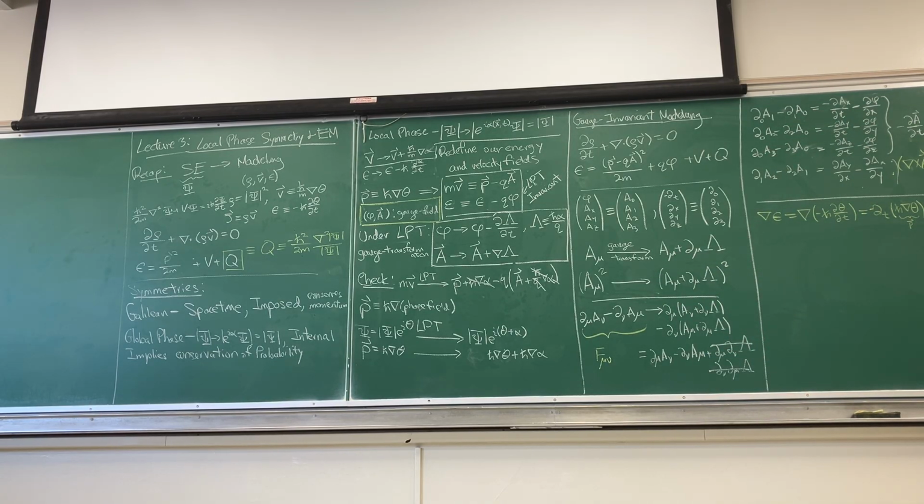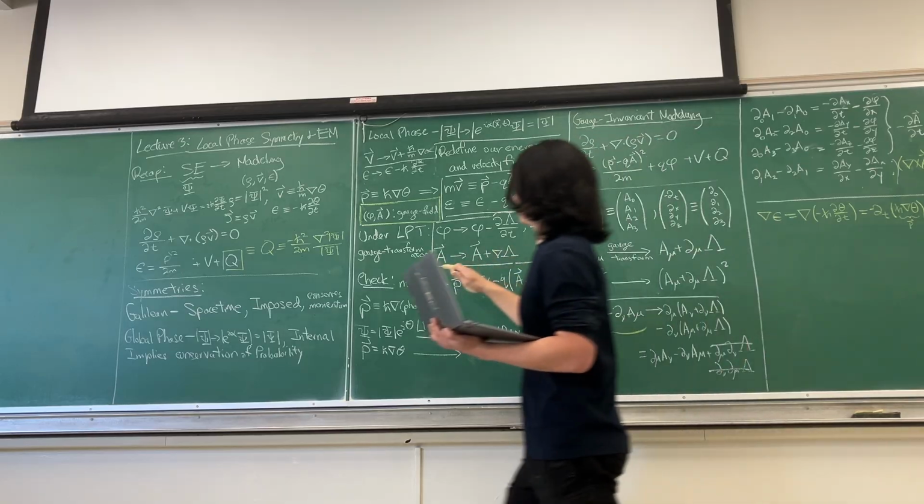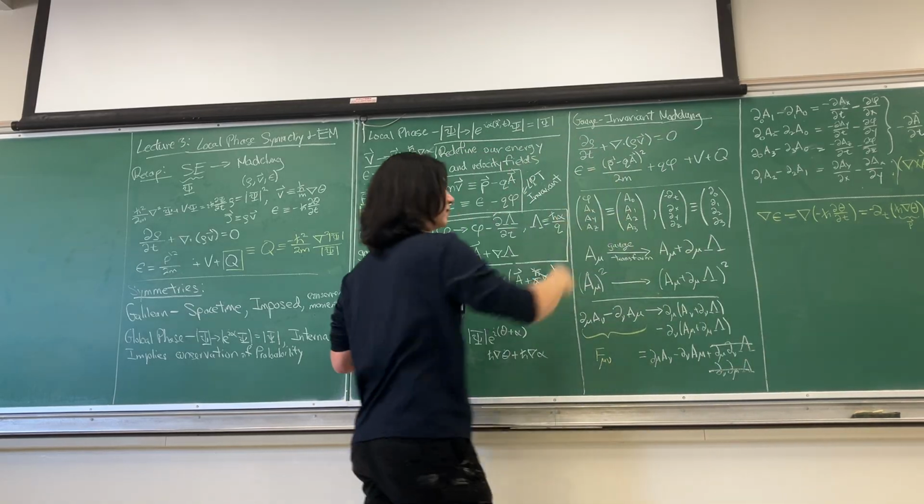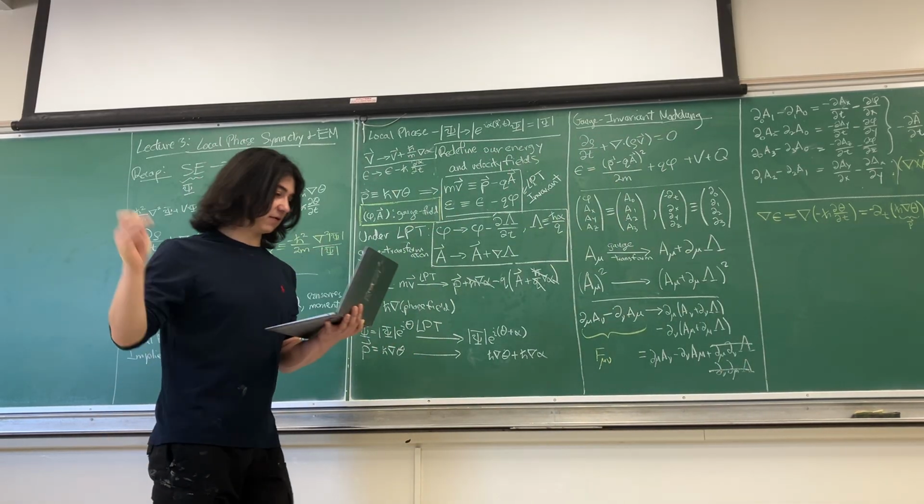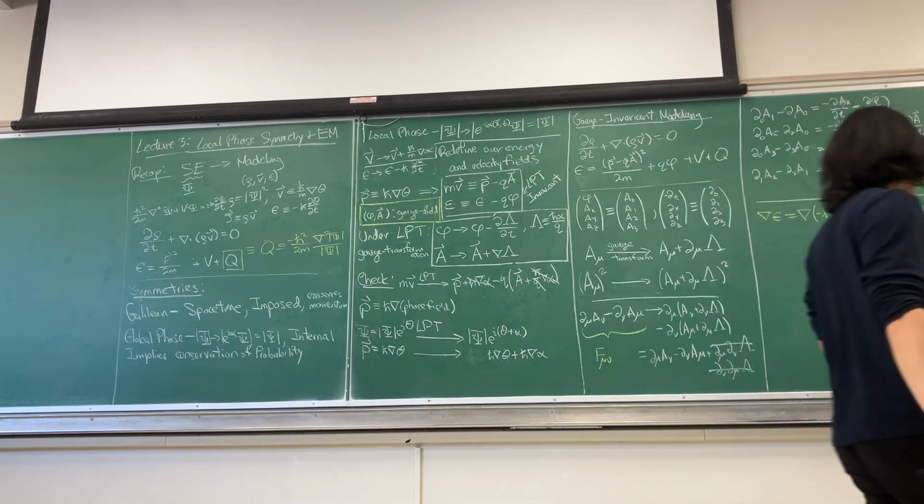The next thing that we have to consider is that when we take the gradient of this thing, we're taking the gradient of the square of a vector field. If you open up Griffiths, there's an identity.